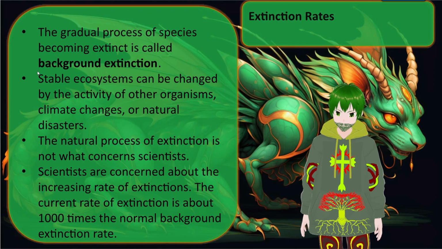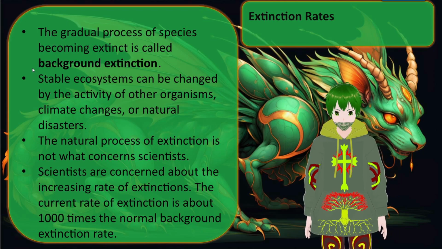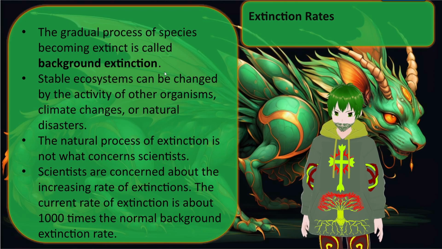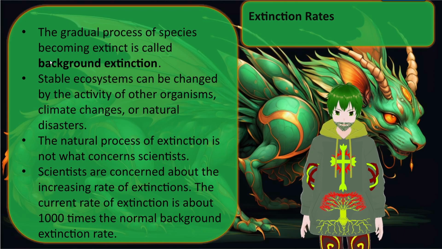Sometimes it's because of a species being carried on a log to a new continent, and that new species kills off the entirety of an old species, right? There's a lot of reasons this background extinction happens, but sometimes some organisms just happen to die off.